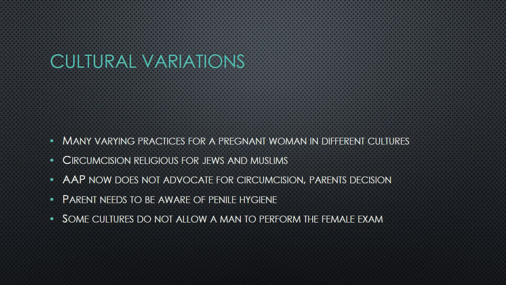Circumcision for the male is considered religious for Jews and Muslims. However, the American Academy of Pediatrics does not advocate for circumcision, and they say it's the parent's decision. If a parent does decide to not circumcise, they need to be aware of penile hygiene and the importance of retracting the skin and cleaning the glans of the penis.